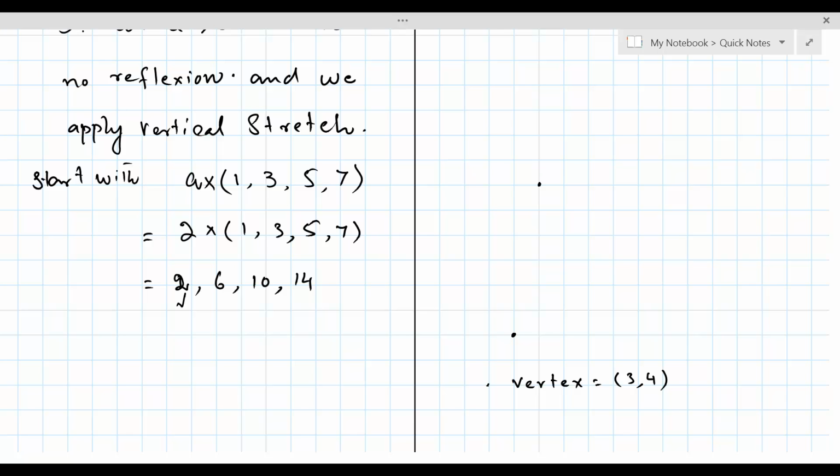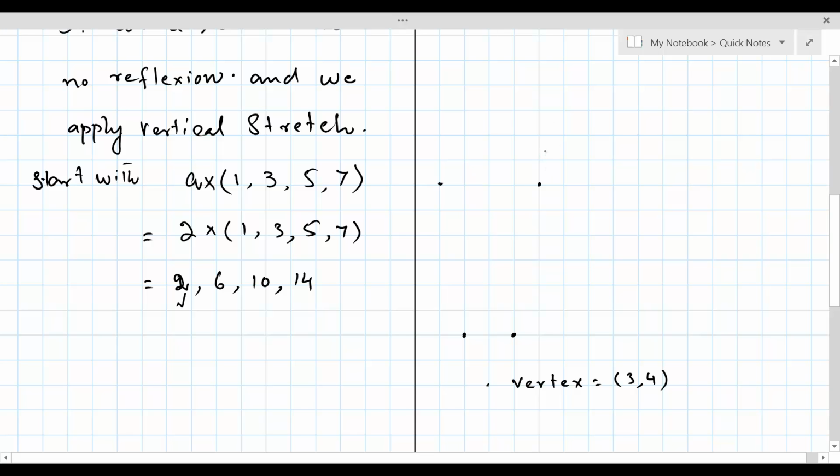Similarly, we go 1 unit left and 2 units up. We end up here. Then 1 unit left and 6 units up: 1, 2, 3, 4, 5, and 6. We are here. We don't have enough space to go any further, but we can use arrows.